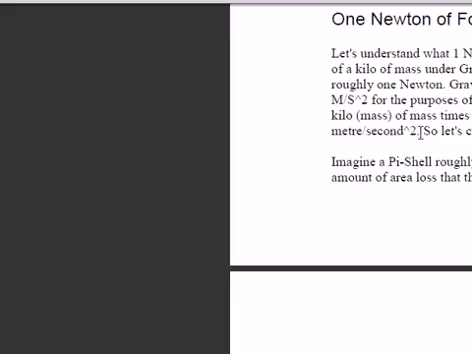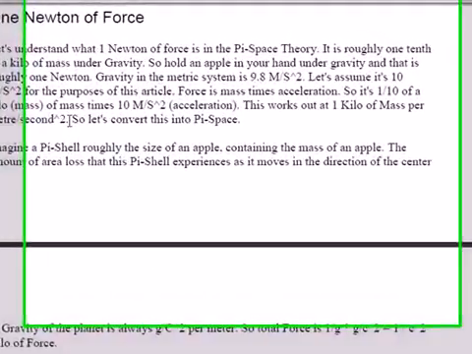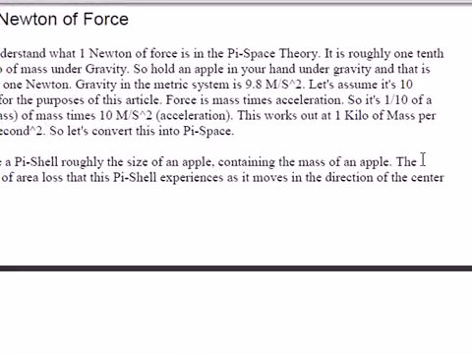Now that may be very intuitive to most people, but let's try and explain in pi space how to visualize this. If one imagines a pi shell roughly the size of an apple, containing the mass of an apple, the amount of area loss. Now, this is the pi space side of it.